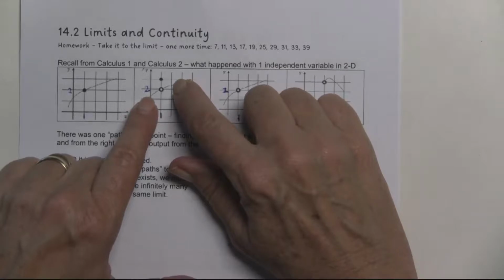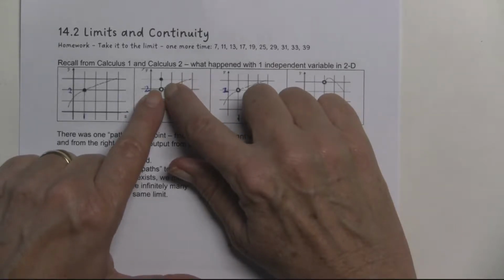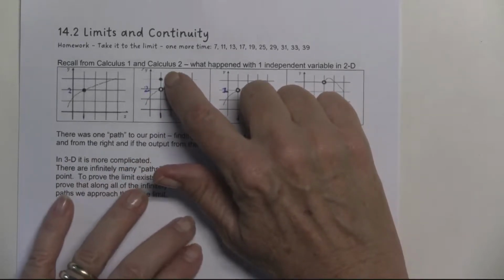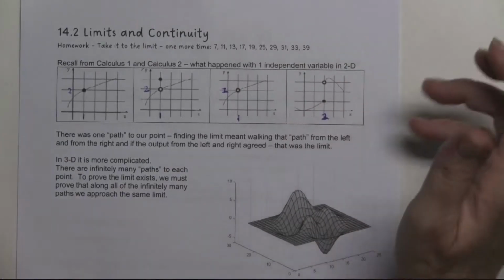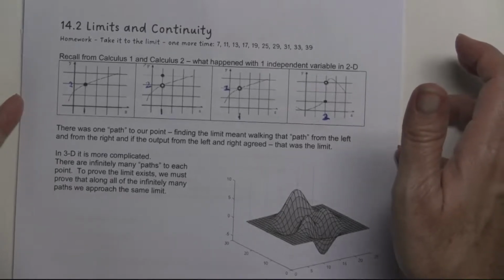As I walk the path from the left and the right, getting closer and closer to x is 1 from both sides, the output is getting closer and closer to 2, even though the output is defined to be 3 at exactly the point. But the idea was we were just getting closer and closer. And so the limit existed, and it was 2.